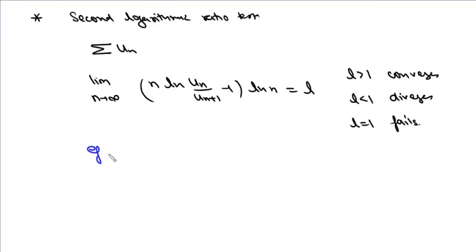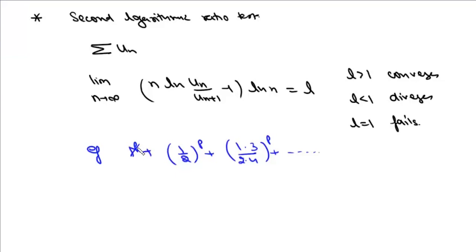Say for example, we have to test for the convergence of the series 1 to the power p plus (1 upon 2) to the power p plus (1 into 3 upon 2 into 4) to the power p, and we'll continue up to infinity.